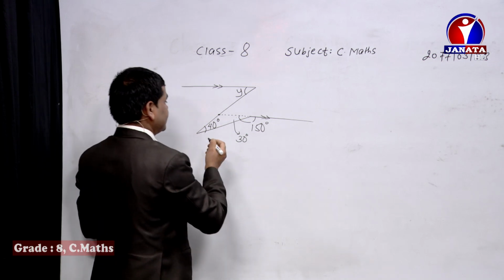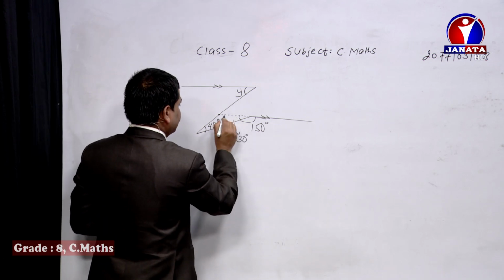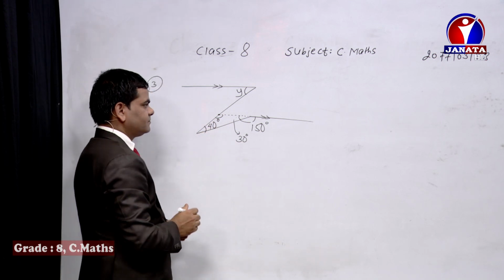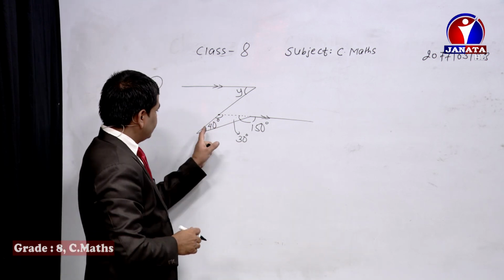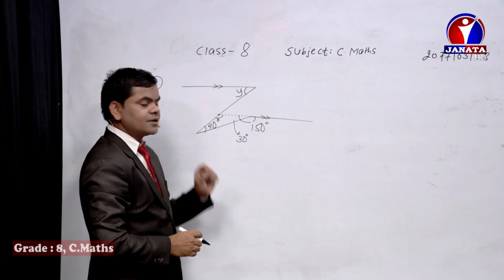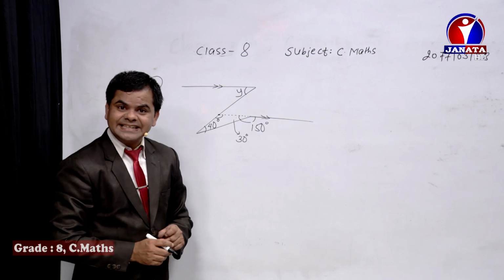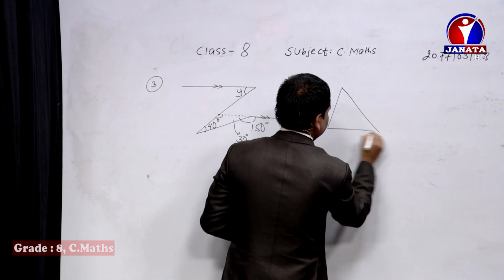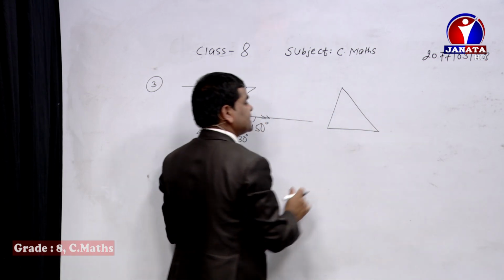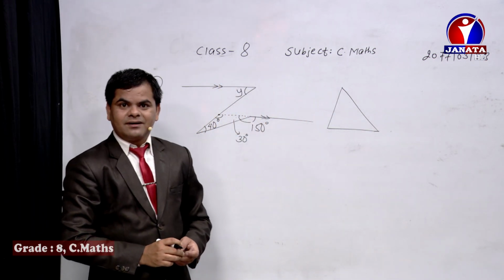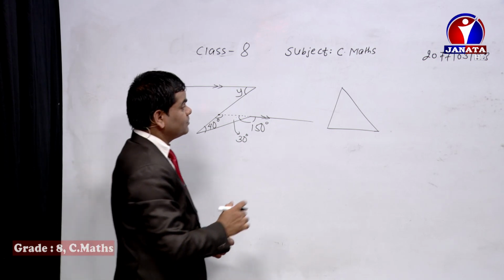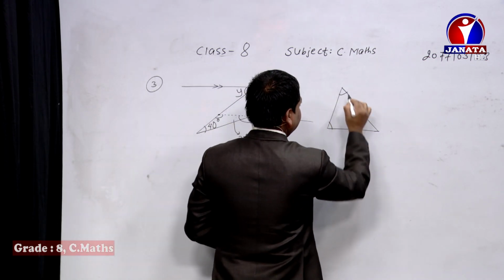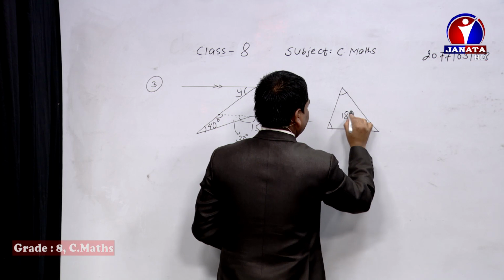Now dear students, can you find out this angle? You can use the sum of angles of a triangle as 180 degrees. In a triangle, whether smaller or bigger, by combining the three angles, the sum becomes 180 degrees.